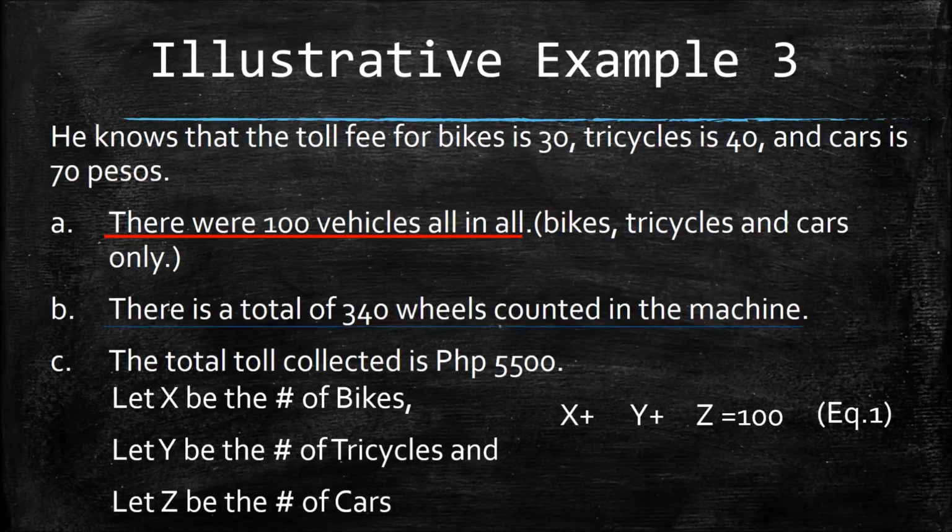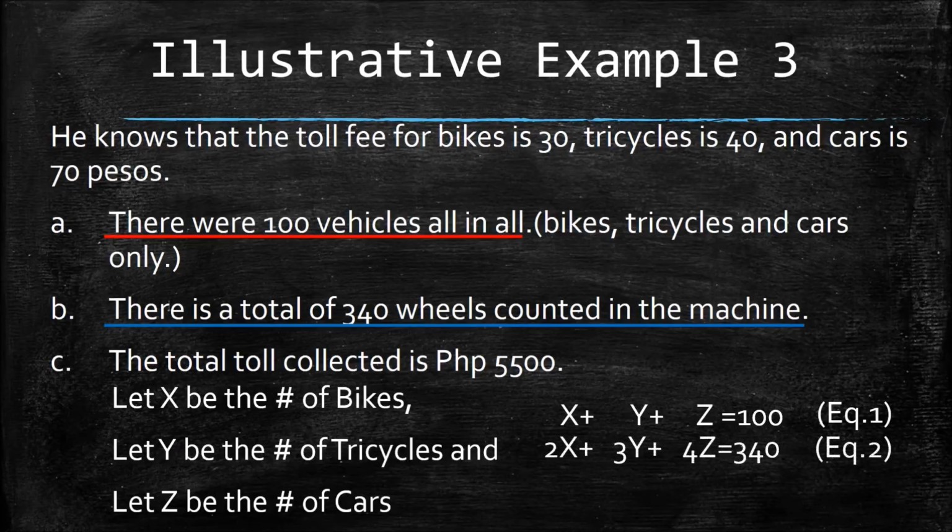The next statement is that there were a total of 340 wheels. Since we know that a bike has 2 wheels, a tricycle has 3 wheels, and a car has 4 wheels, we can write that as 2x plus 3y plus 4z is equal to 340, and we name that equation 2.